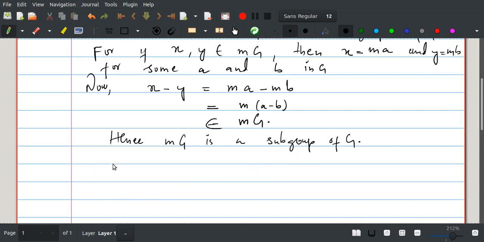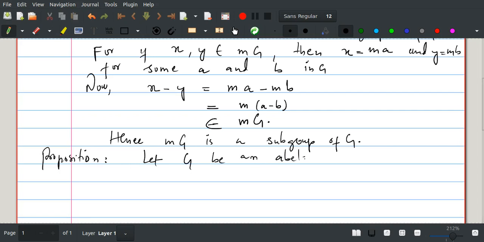Now let us prove the following proposition. Let G be an abelian group, and suppose P is some prime number.